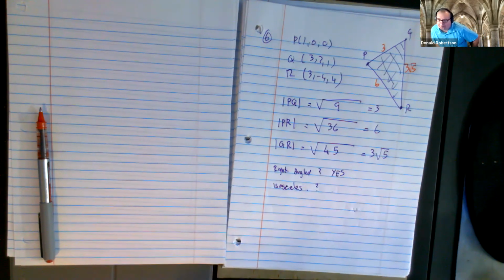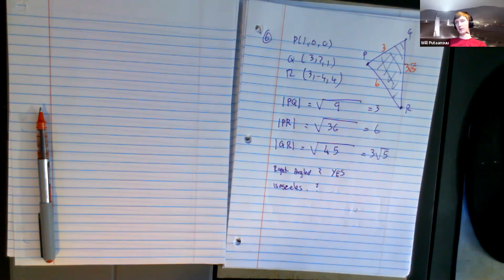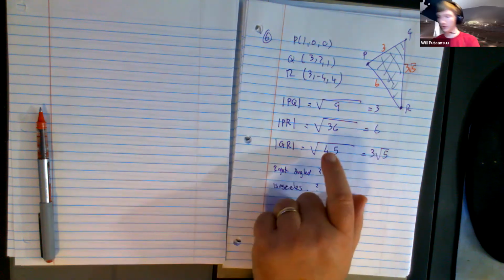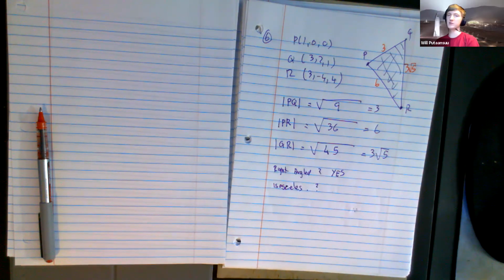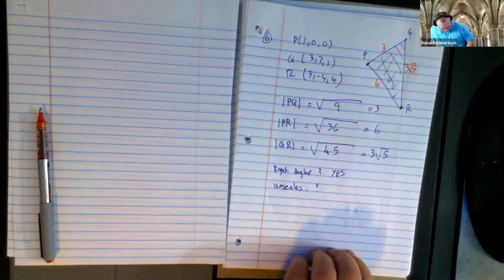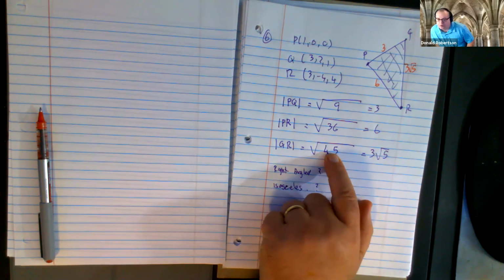Prove it to me. I used the Pythagorean theorem. I figured that 3 root 5 is greater than 6, so if it is right angled, that has to be the hypotenuse. So I just tested 3 squared plus 6 squared, and sure enough, that equals 45, whose square root is 3 root 5. Essentially, he's using what's called the converse of Pythagoras.